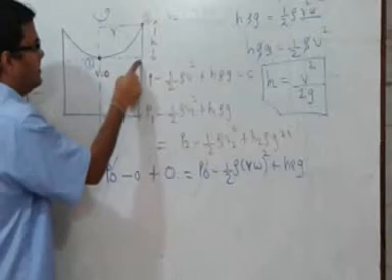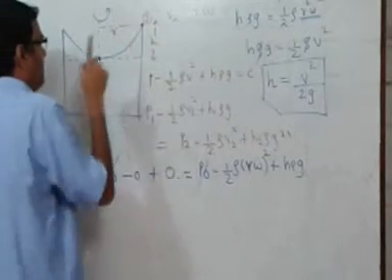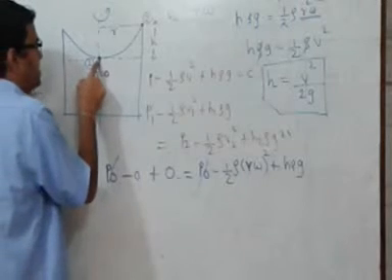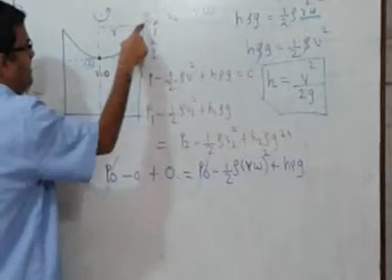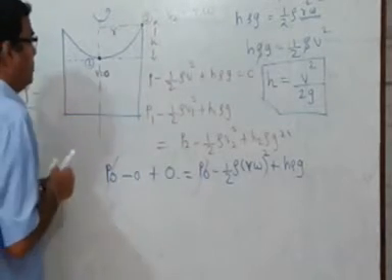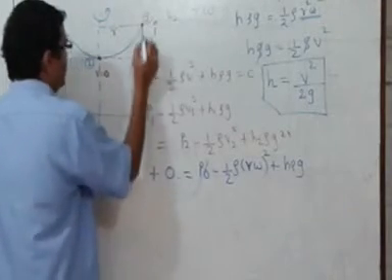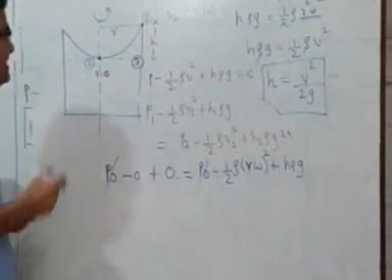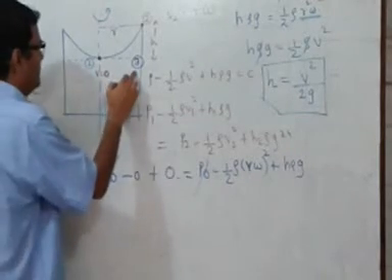But we have not applied Bernoulli's principle here. We applied it between points 1 and 2, but we must understand pressure here is not H rho G. The pressure here is atmospheric. Pressure at point 2 is also atmospheric. If you want to apply Bernoulli's principle, you can apply it between points 2 and 3, and you will still get the same results. But that is not required here.